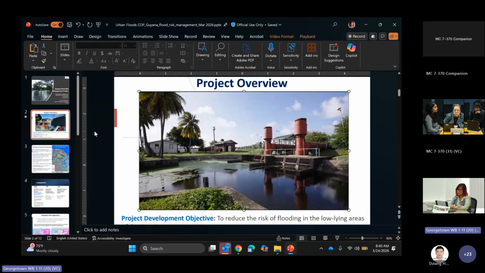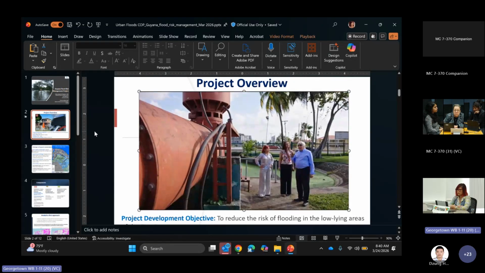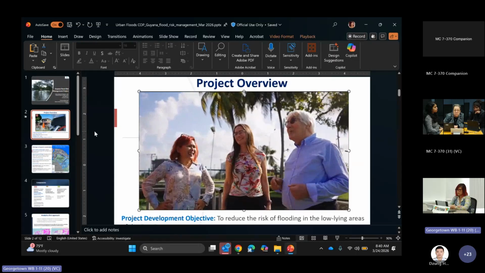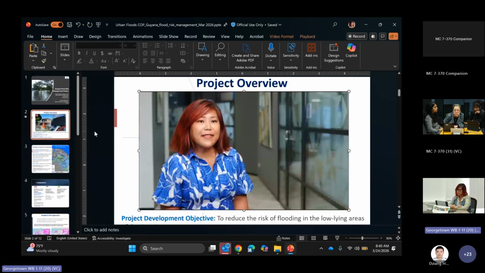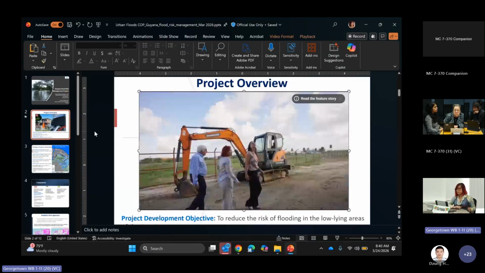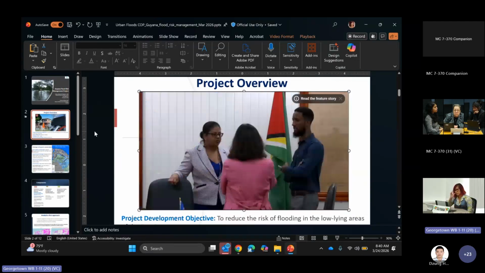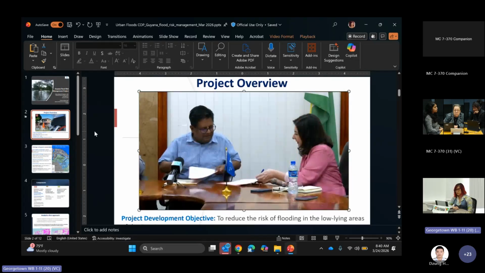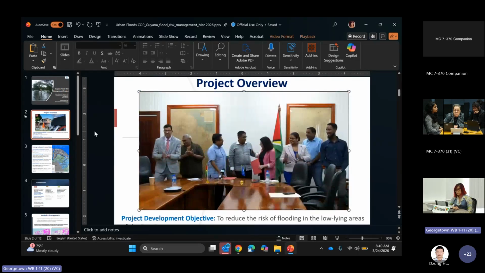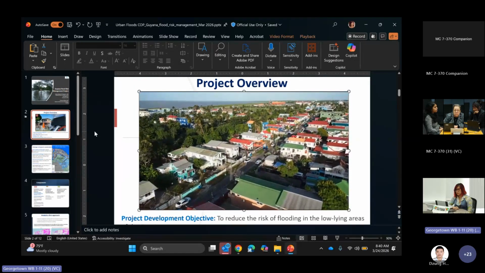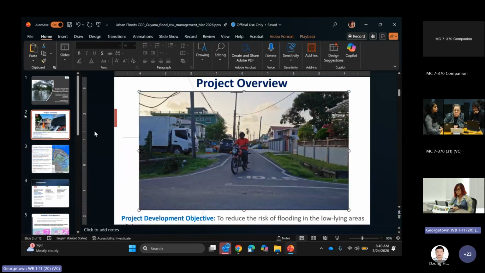The World Bank has been supporting the government of Guyana for over a decade to manage its risks from flooding and climate change. And this partnership really began through the Conservancy Adaptation Project in 2007. The project was initiated to help the government of Guyana take some measures to protect this asset, but also protect the people who are living in the area that is served by the East Demerara Water Conservancy.